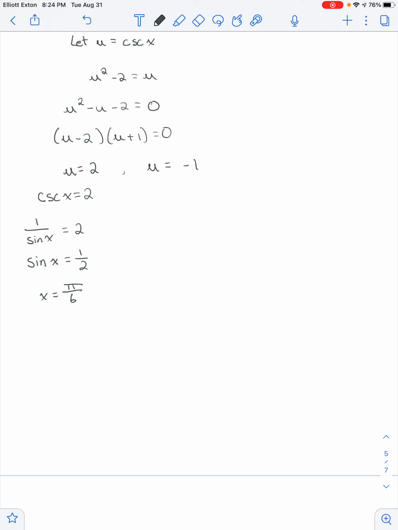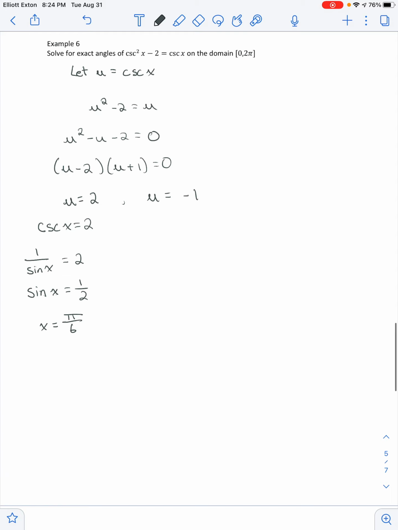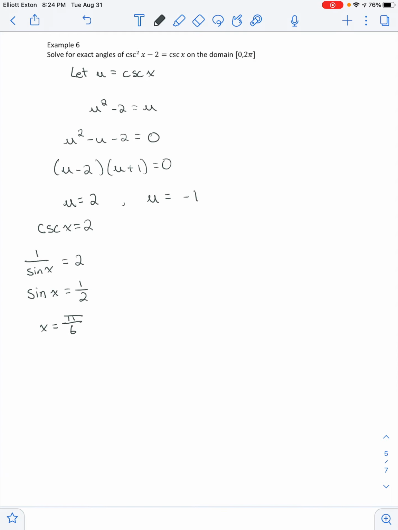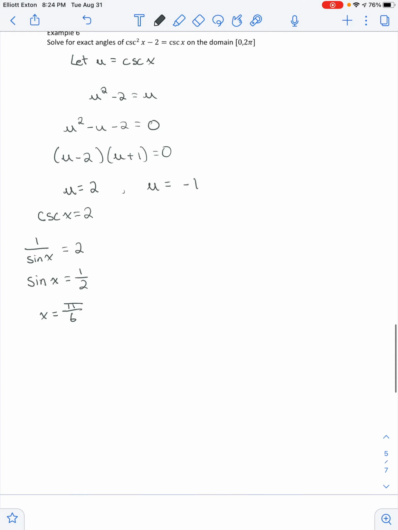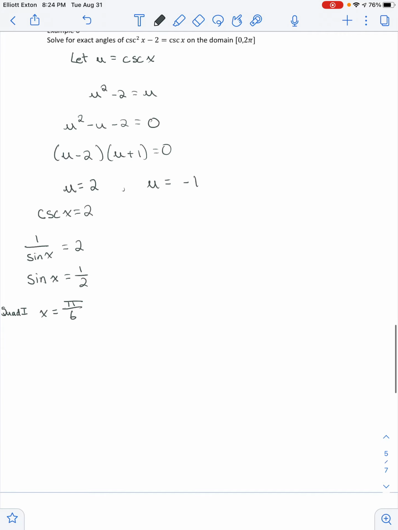Now, I do need to double check here if there's any other solution at this point. Remember that the CAST rule tells us that there are 2 solutions for an angle between 0 and 2 pi. So my x equals pi over 6 is going to be my solution for quad 1. So that angle is in quadrant 1 where sine is positive. Sine is also positive in quadrant 2.